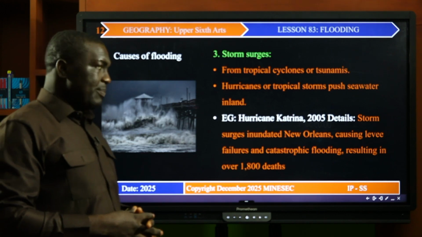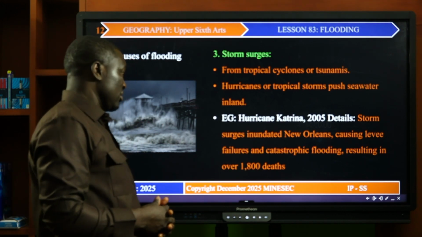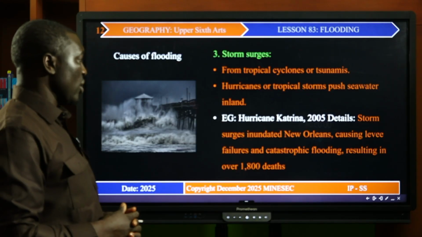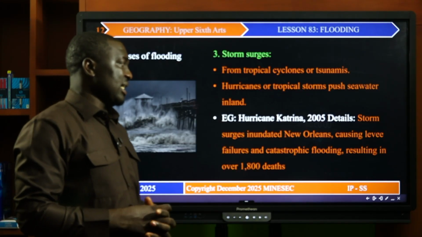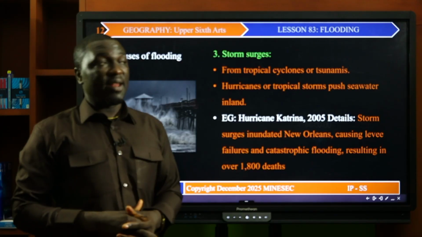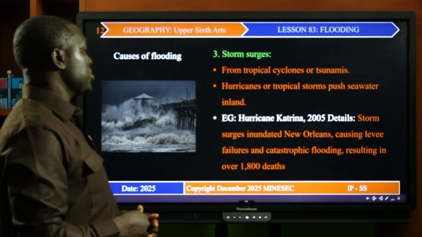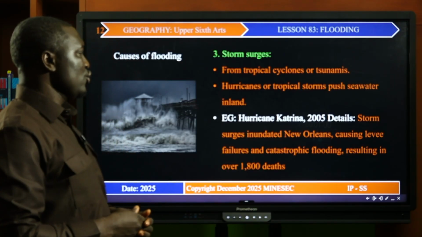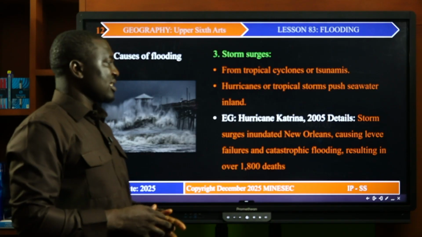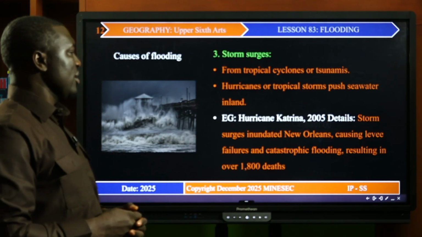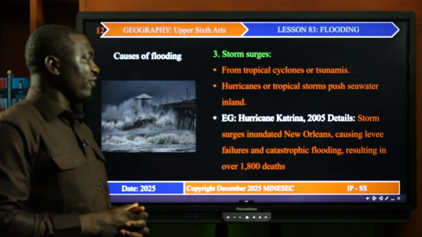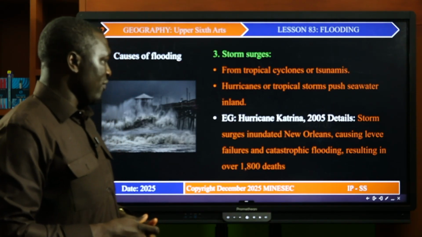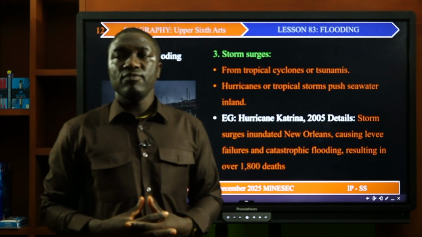An example or a case in point is seen with the occurrence of Hurricane Katrina in 2005. The storm surge inundated New Orleans, causing levee failure and catastrophic flood, resulting in over 1,800 dead.